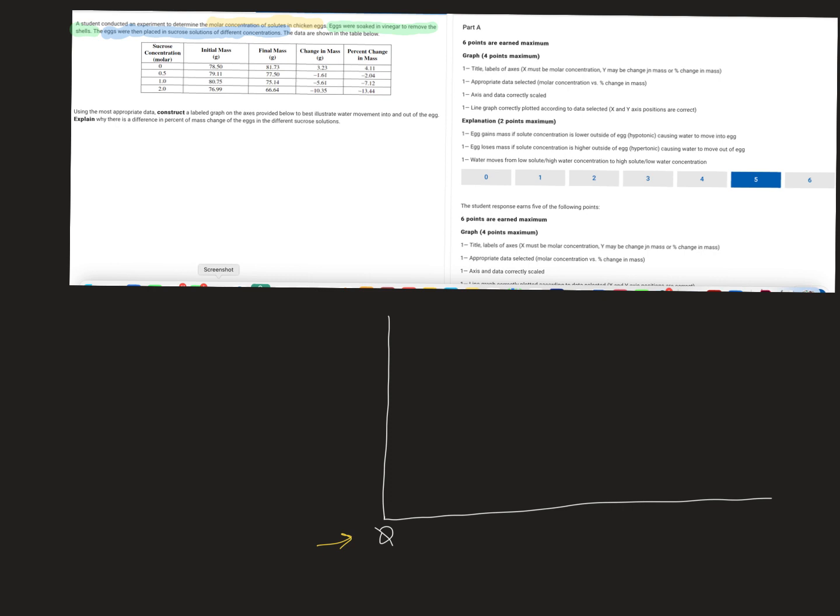And so what you start with is when you're looking at molar concentration. So what I love to do is draw it out. I have a solution.